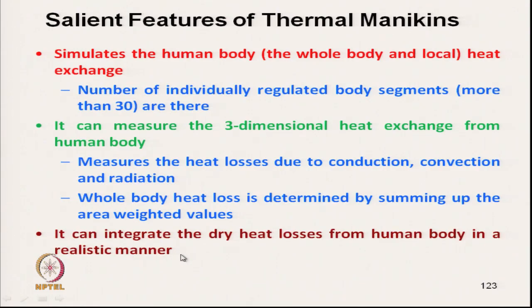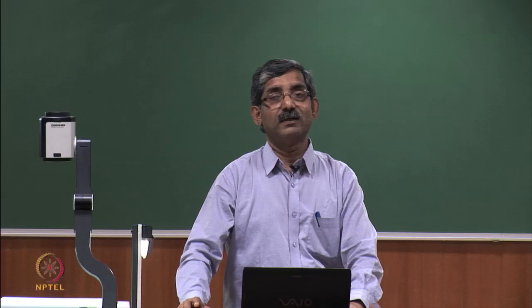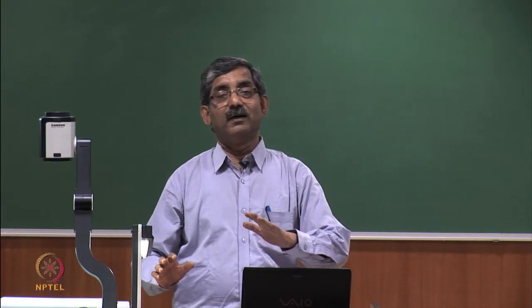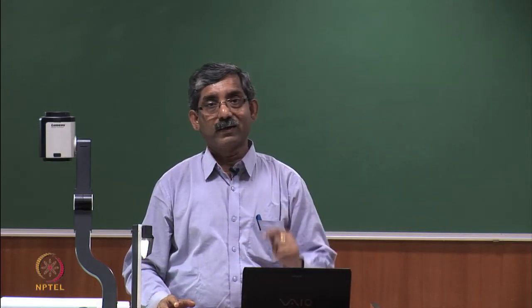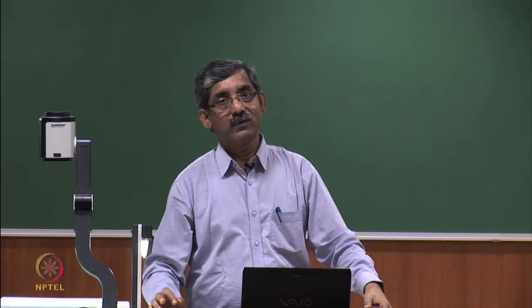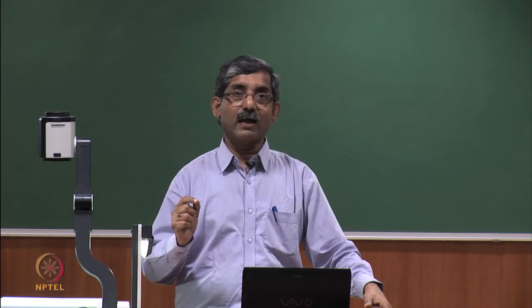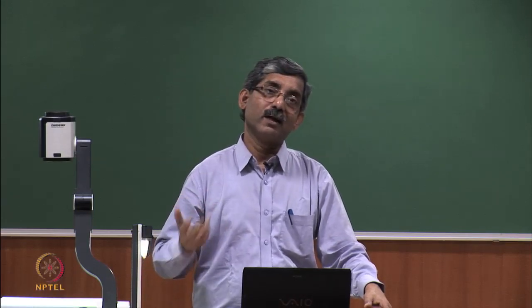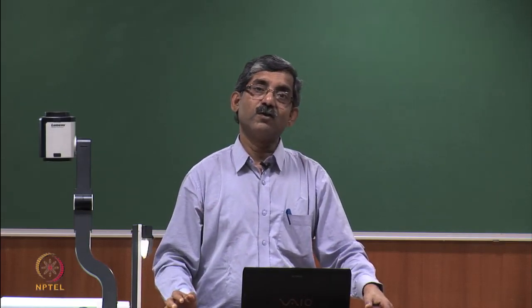It can integrate the dry heat loss from human body in a realistic manner. If we test the heat loss in guarded hot plate, so we will get 2 dimensional heat loss system, which may not actually simulate the real condition, which is not realistic value.